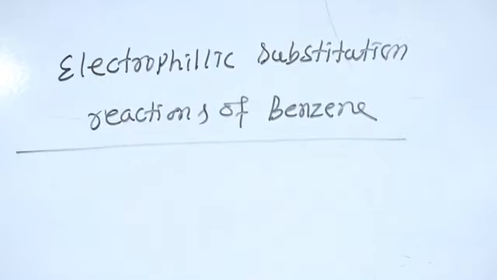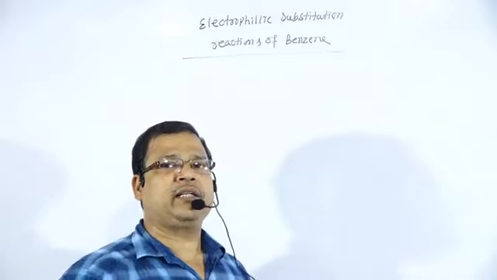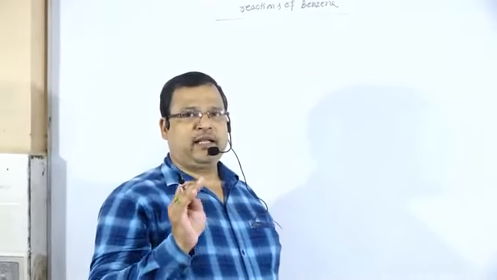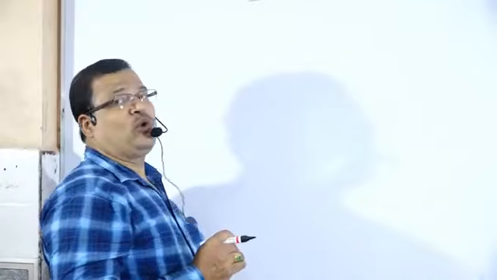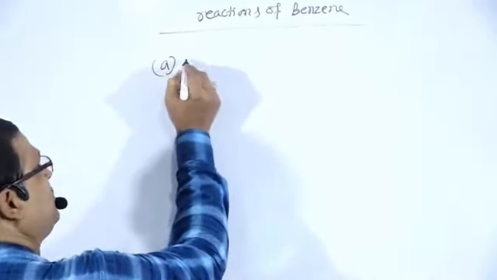By this method, we cannot prepare fluorobenzene, because fluorine is very reactive. Fluorine is very reactive, therefore fluorobenzene cannot be prepared by this method. So next we'll go for chlorobenzene, that is chlorination.